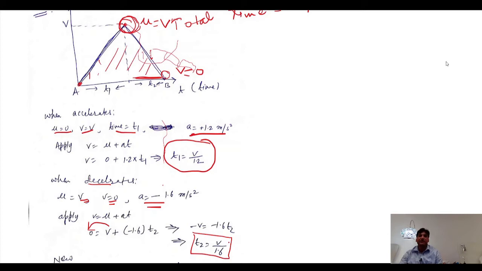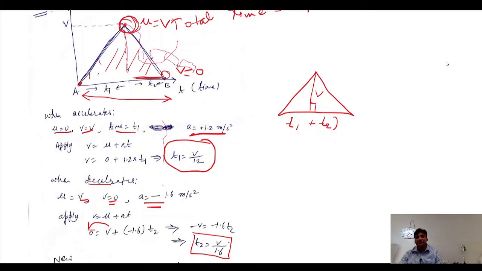This is a triangle, and its area we can find as half times base times height. The base will be from A to B, and the height is this. If I redraw this, this is your height, which you will consider as v, and from A to B this will be considered as the base, which is t1 plus t2, right?